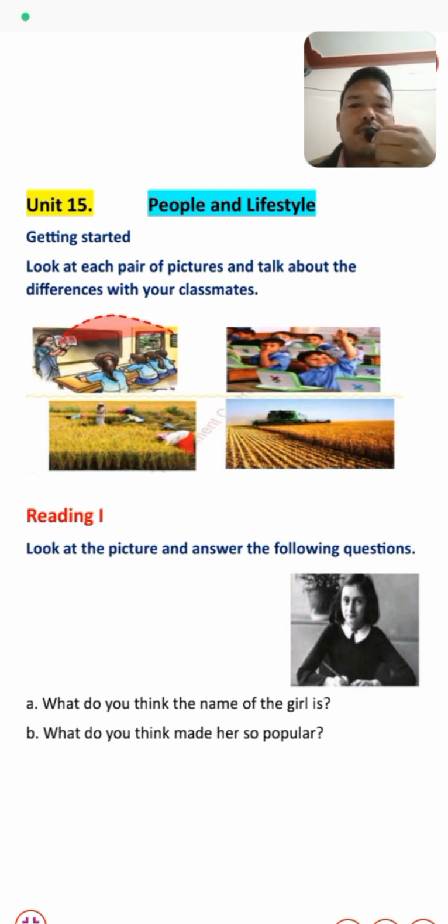Students, in the first picture we can see this is the traditional way of teaching style that we have been following for many years, and where a teacher is teaching students from book, and students are learning from books. And in the second picture we can see it's a modern way of learning, and where students are having their own laptop, and they are learning from laptop. So this is the basic difference, students, where it's a modern way and this is a traditional way.